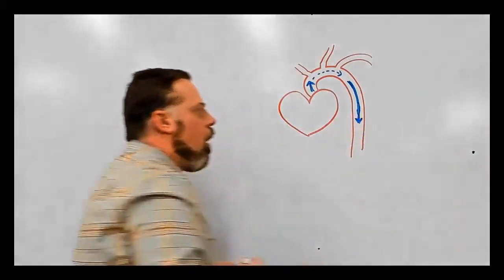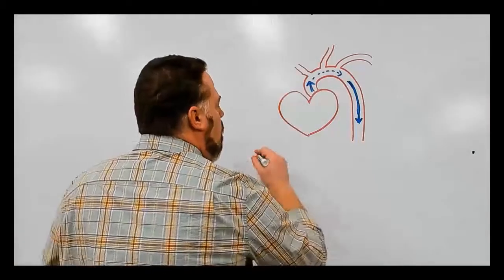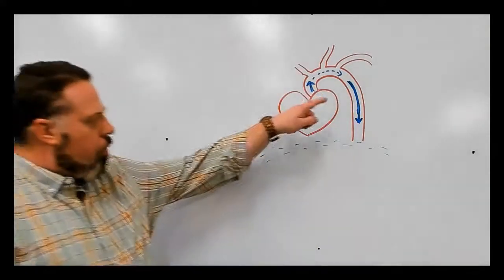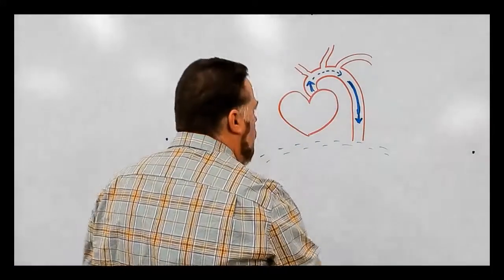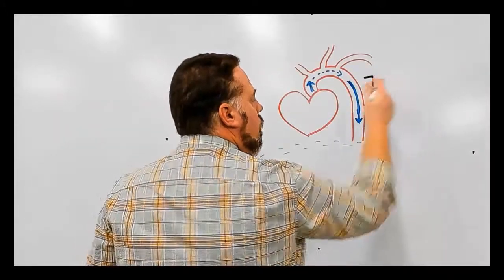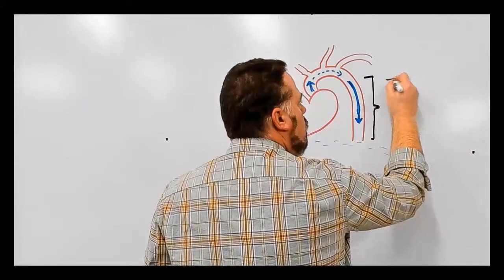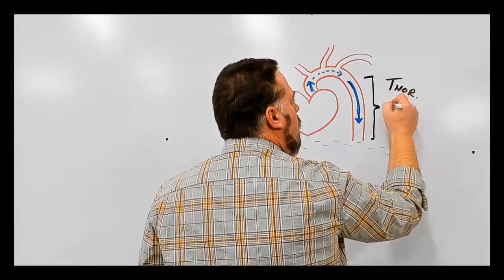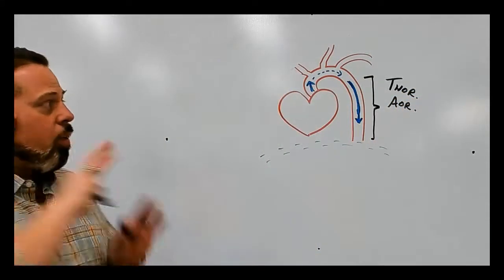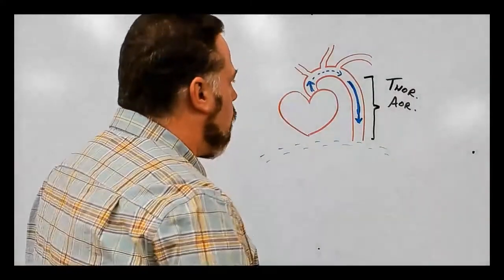The descending aorta is going to be found above the diaphragm. This portion here is the descending aorta, of course, but it's also going to be referred to as the thoracic aorta. I'm just abbreviating to speed up time and so it doesn't look too messy, but on your exams, you would write down the full words.